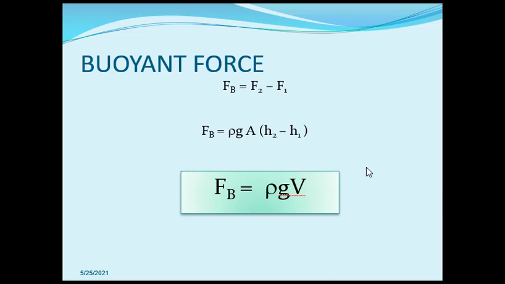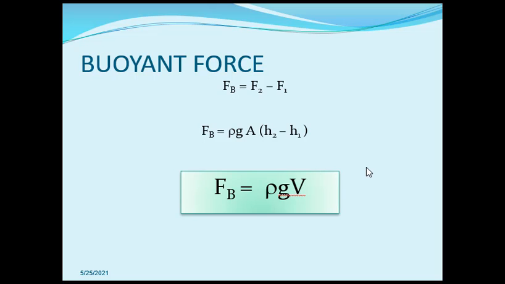What are the different factors affecting buoyant force? So we have here the derivation of the formula. The buoyant force is force 2 minus force 1, wherein we have rho g A h2, that is the area and the height, which is the volume, and then minus the height 1 at a shallower part. Then the area times the height is considered as the volume.